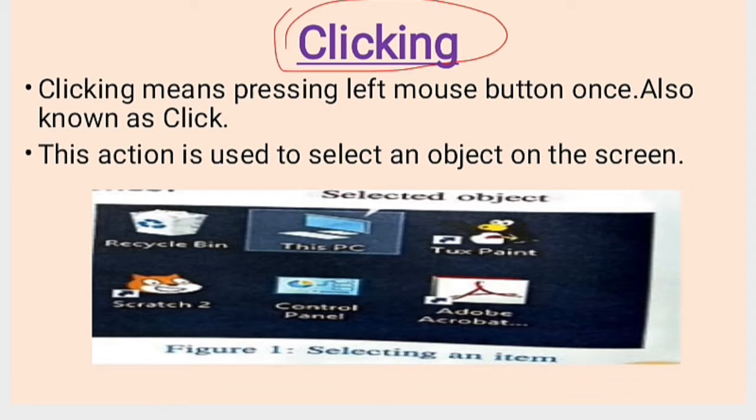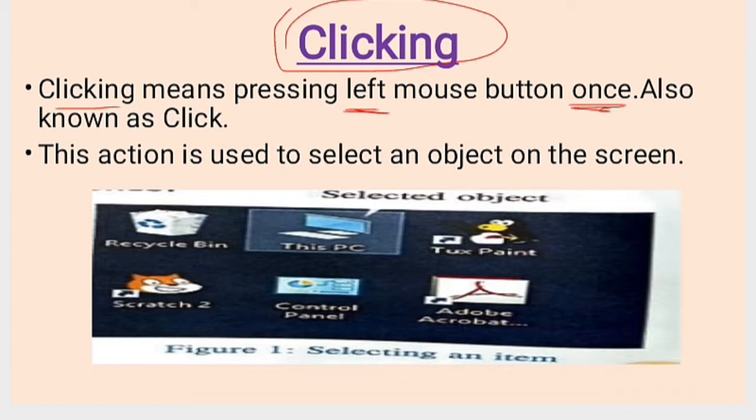What is clicking? Clicking means pressing the left mouse button once. It is also known as a click. Once means one time.